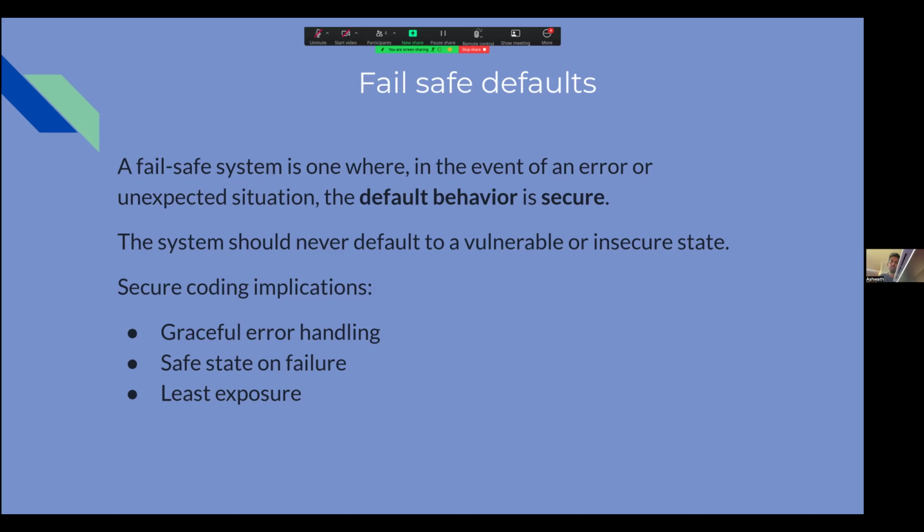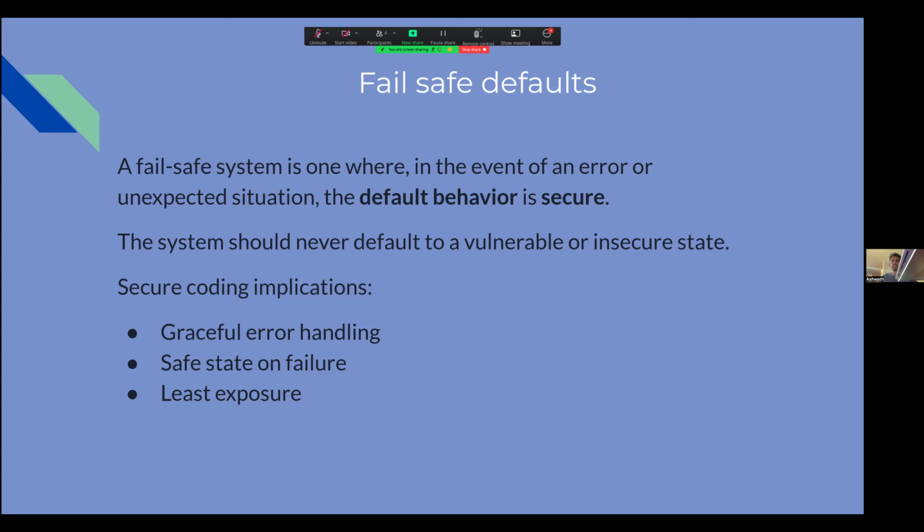Also here we are talking about least exposure. I think I covered a little bit about this. We should always make sure we expose the least amount of information. Probably a generic message here could be the most applicable. So fail-safe ultimately means, if you're failing, do it in a way that reaches the secure state and don't give away any unnecessary information to the user.